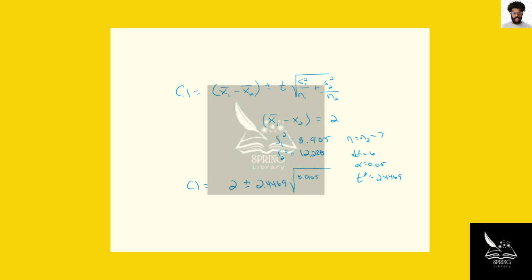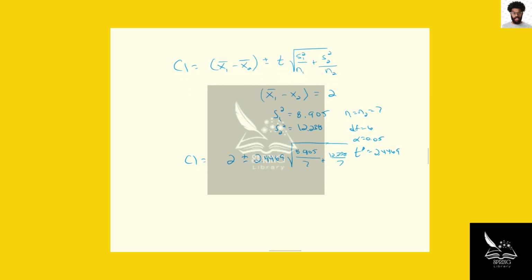Now, 8.905 is not the standard deviation, it's the variance, so it is already squared, over 7 plus 12.238 over 7. The lower boundary to 2 decimal places would be found by subtracting: 2 minus 2.4469 times the square root of 8.905 over 7 plus 12.238 over 7.